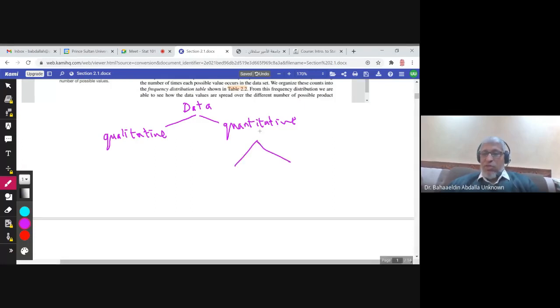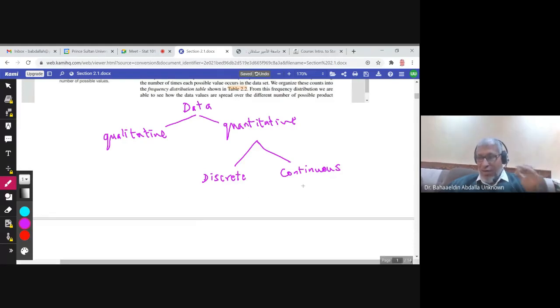There are 2 types of quantitative data: discrete, like integers, usually number of children, number of students. This would be discrete, 1 2 3 4, you can count them. Or continuous, you cannot count them, like age, like weight, like length.